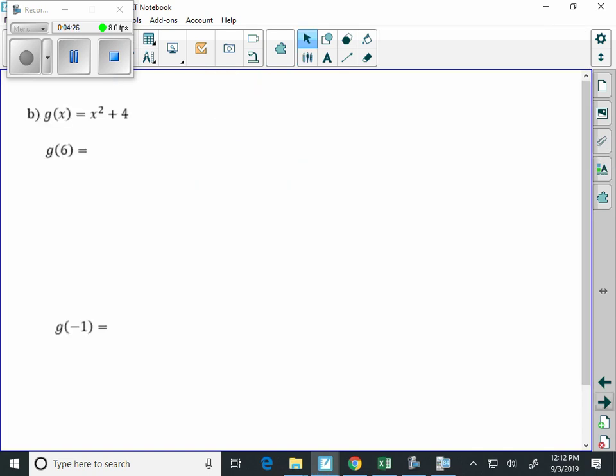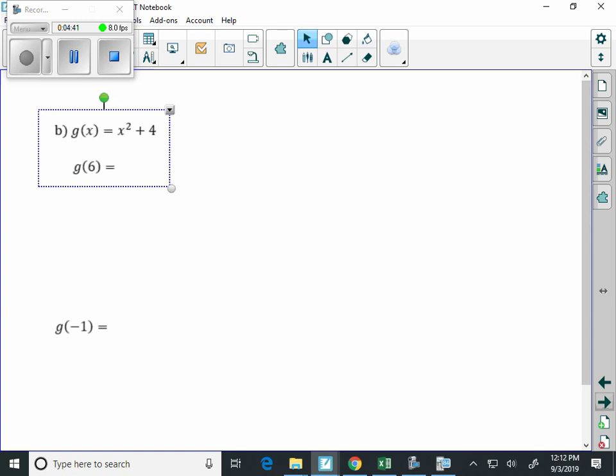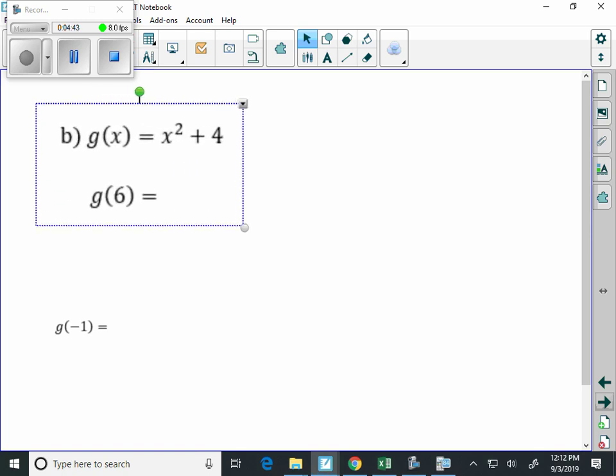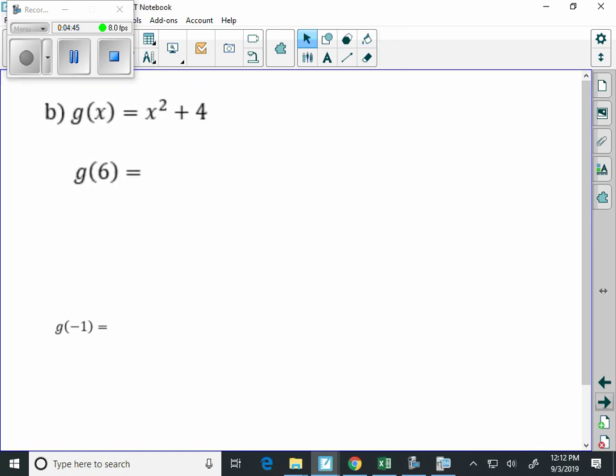A couple more examples here. We have g of x. Well, g of x is just like f of x, only this time we called it g. So it's the name of the function. In our first situation here, this time we've got 6 for our input. So wherever we see x back in our equation, we're going to replace it with 6 in this case.